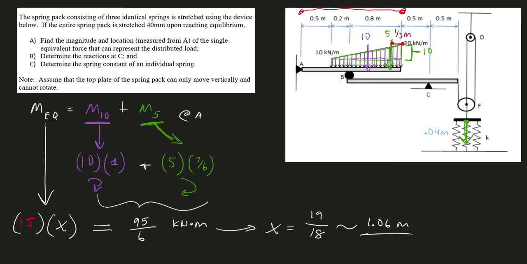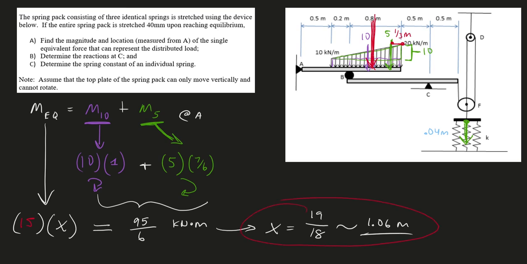So, just drawing this out to make sure it makes sense, here is 0.7 meters. This right here is 1.5 meters, so it's going to be somewhere in here. And that makes sense. It's kind of almost in the middle of it. It should be a little bit more over to the right side because that's where more of the force is concentrated.